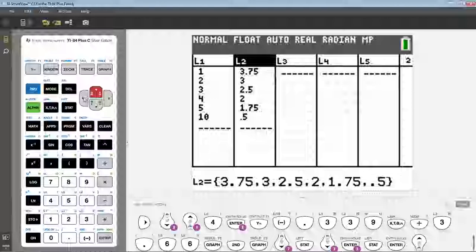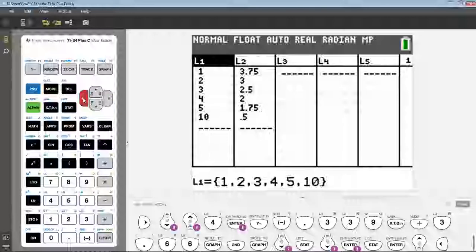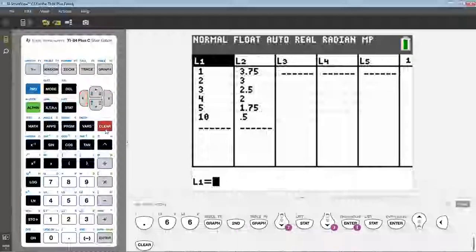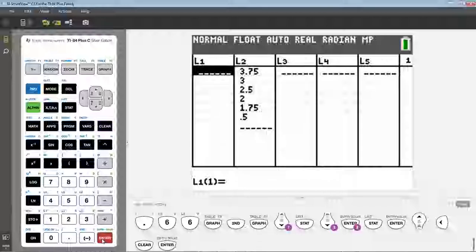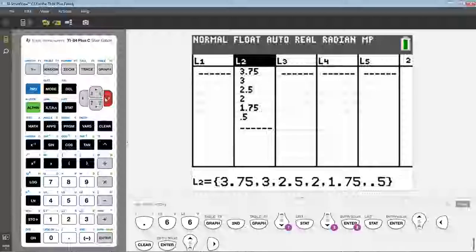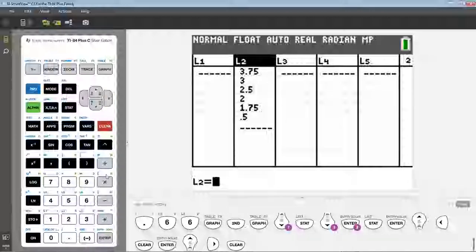Go up and then cursor left to L1 and hit clear and then hit enter. Then go up, cursor right to L2 until you're hovering over the L2 and hit clear, then hit enter. Do not hit delete because you'll delete the column. We just want to clear the column and hit enter.